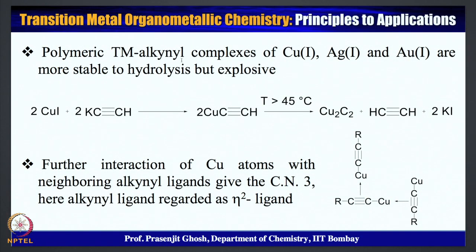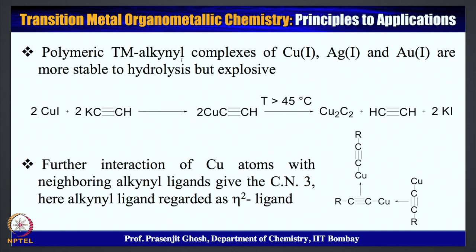Now, because of this exceptional electron richness of the alkynyl ligands, with so many pi electrons or pi bonds being around, transition metal alkynyl complexes tend to be polymeric in nature, interacting with the transition metal, where these pi clouds interact directly with the transition metal.